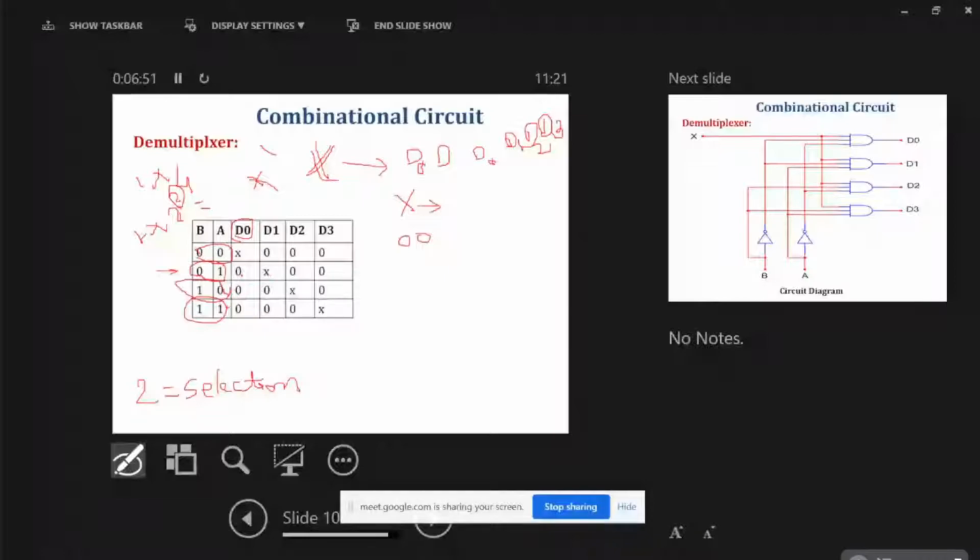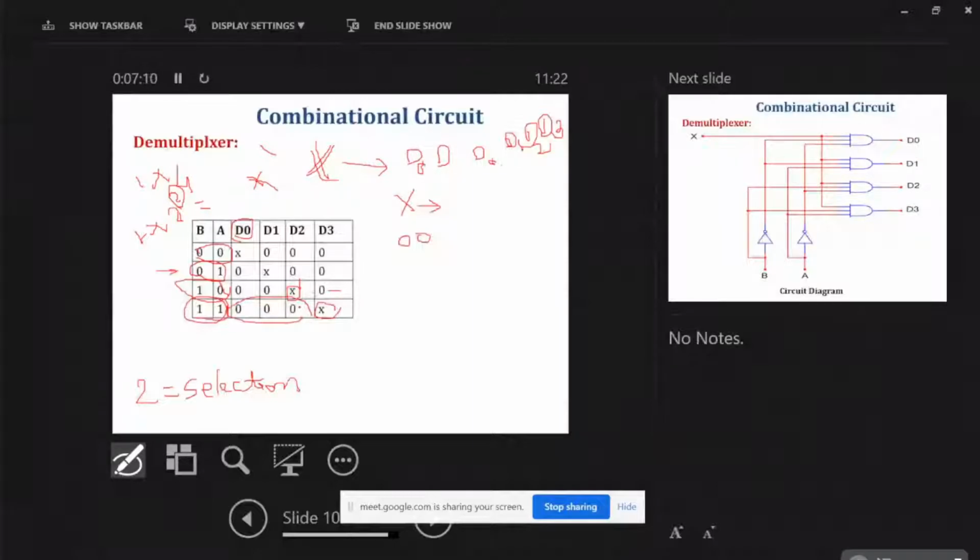For the next combination, 0 1, X will go towards D1 and the other lines will be 0. For 1 0, X will go towards D2 and the other lines will be 0, and for the last combination, it will go towards D3 and the remaining lines should be 0. Okay, so this is the truth table.